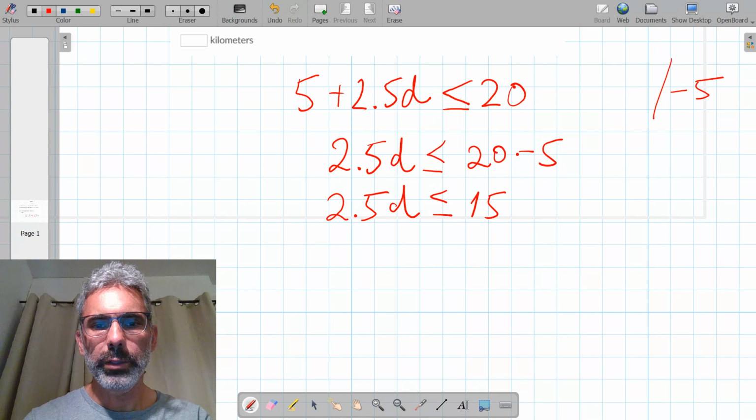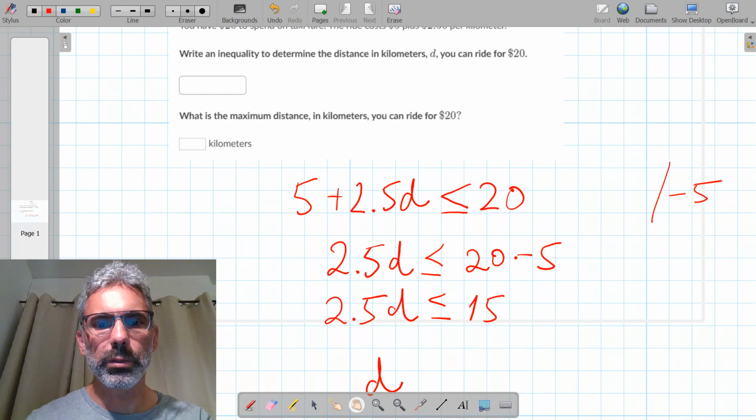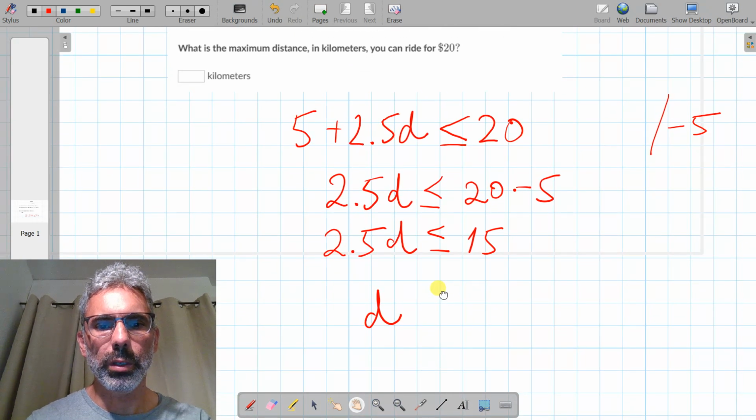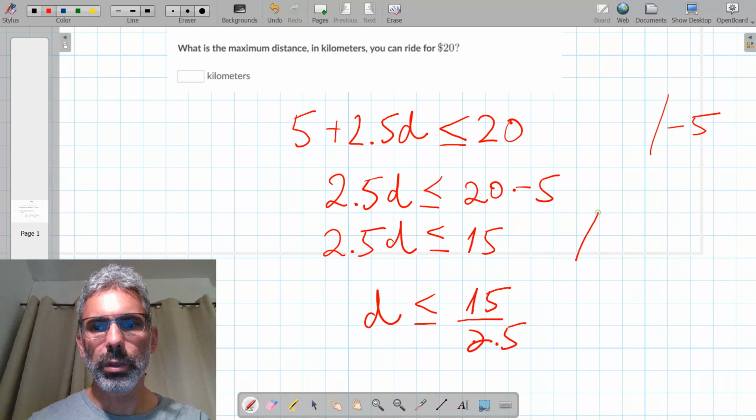And now to isolate the d, so we know the number of kilometers, the maximum distance in kilometers you can ride for $20 has to be less than or equal to 15 divided by 2.5, because we are dividing both sides of the inequality by 2.5.